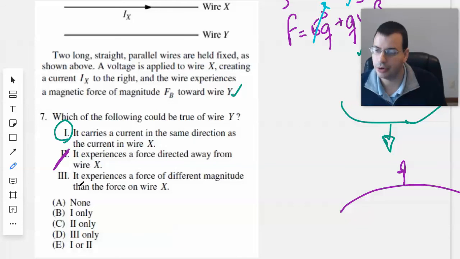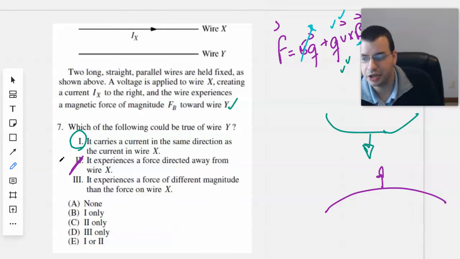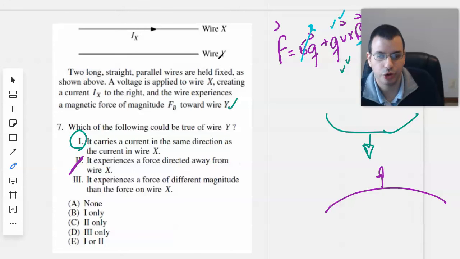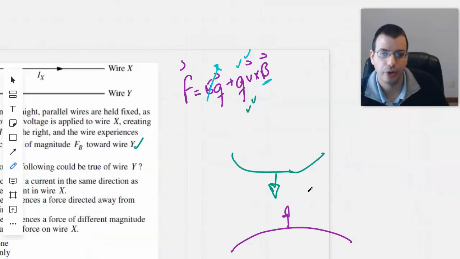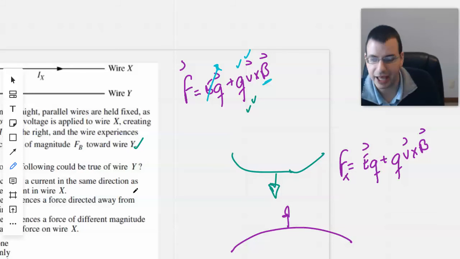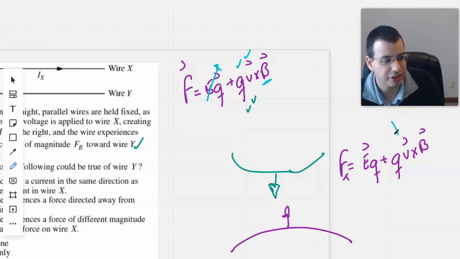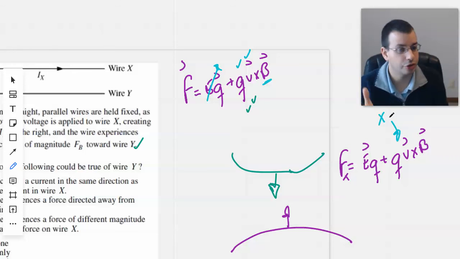So, nope. It experiences a force of different magnitude. No, this is saying that the force on Y is different than the force on X. No, equal and opposite reaction. So, when we look at force equals EQ plus QV cross B, and this time we're talking about on X, the velocity of the charges has to do with the current through X, IX.